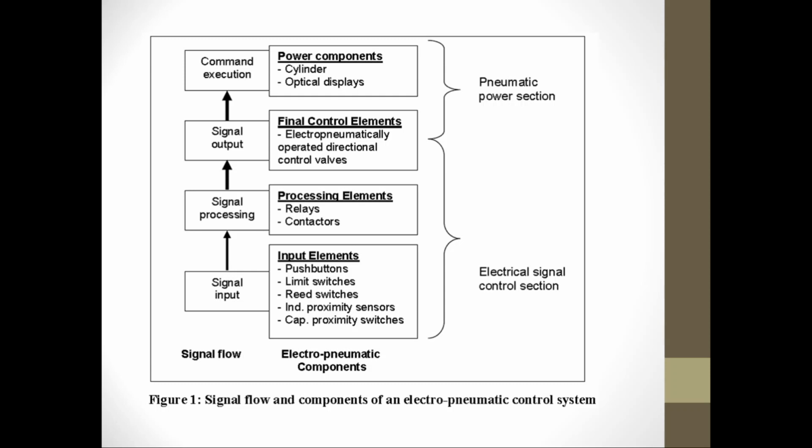Okay, so if you try to look at it, the signal input, the signal processing, and part of the signal output section can be found under the electrical control section, and part of the signal output section going to the command execution section can be found under the pneumatic power section.